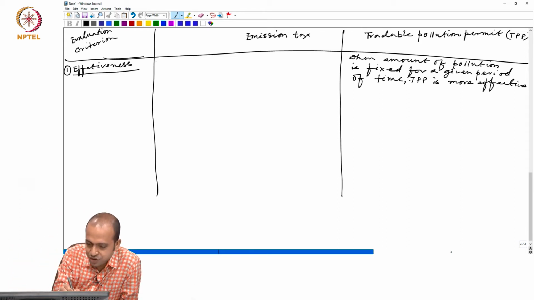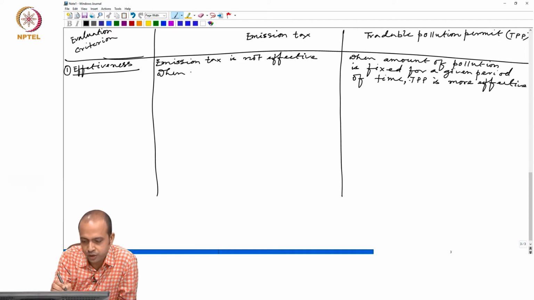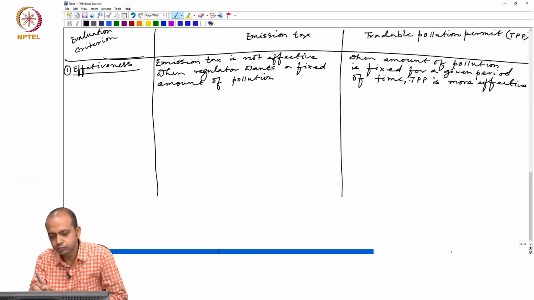So, emission tax is not effective when a regulator wants a fixed amount of pollution. This is not effective.